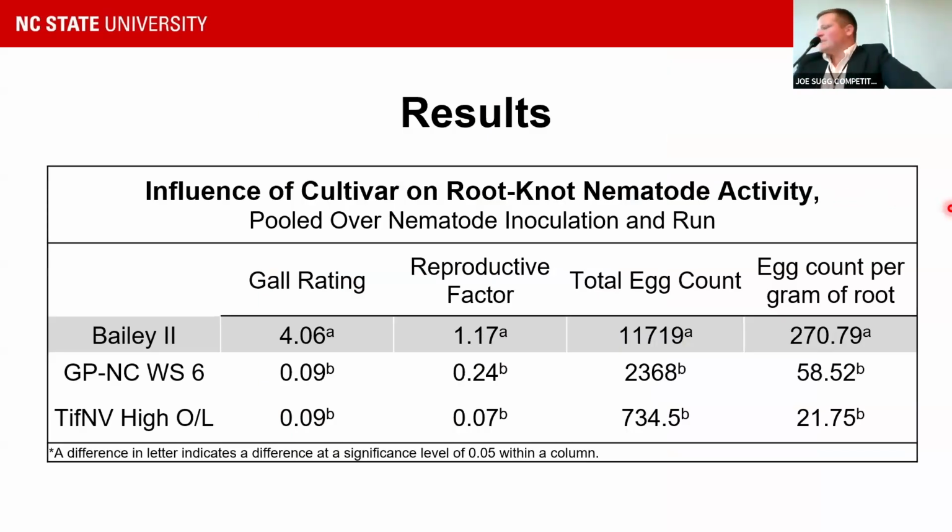Again, I'll just flow through this real quickly. Our results showed that when pooled over our nematode inoculation and our runs, our Bailey 2 showed increases across all of our factors of root galling, reproductive factor, total egg counts, and egg counts per gram of root, which was significantly different compared to our GPNCWS6 and our TIFF-NV.